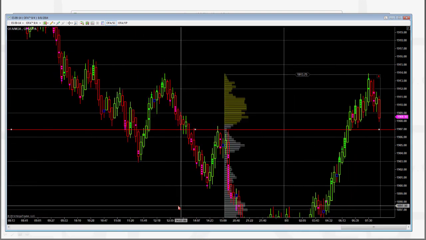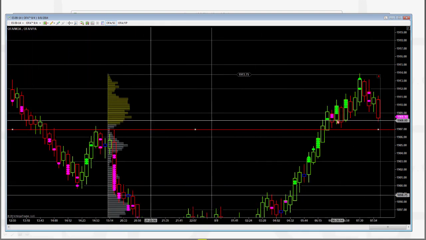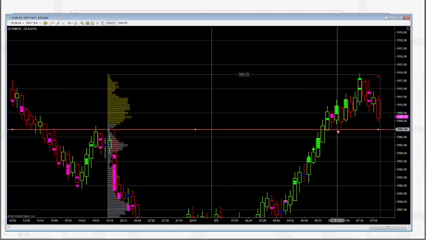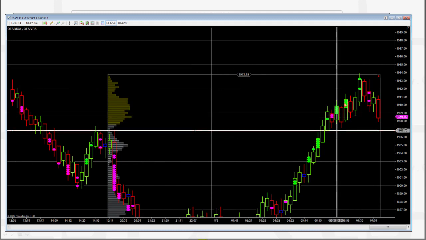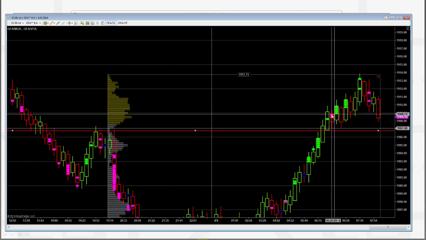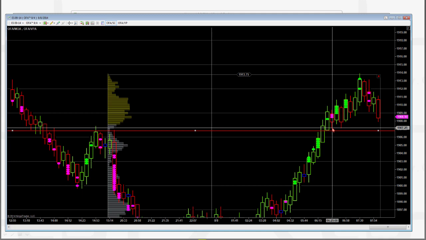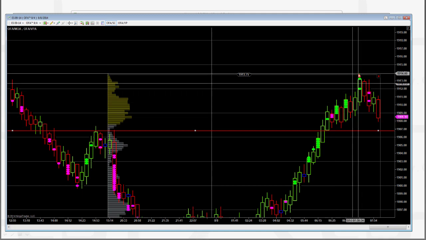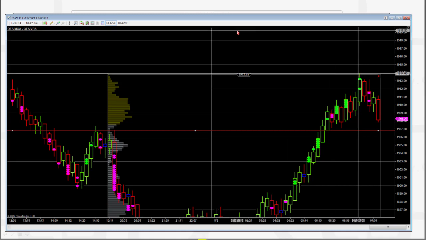Now you can see that once it came through this morning, it tested back down, and then from 725 moved back up to 14.